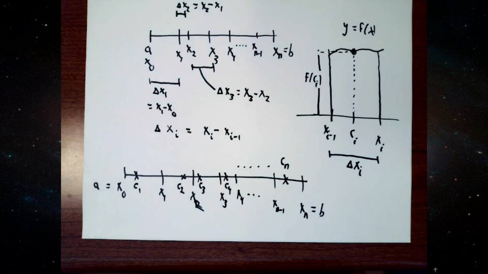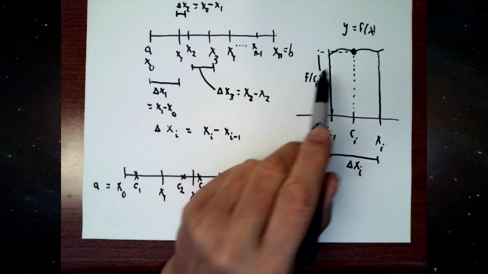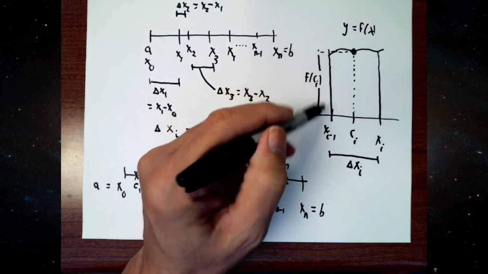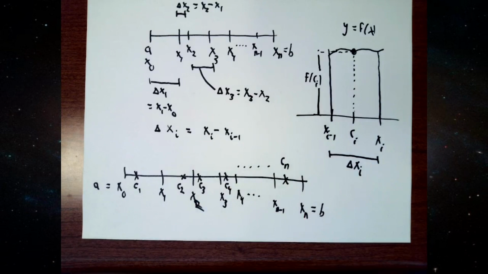In that circumstance, I'll pretend that the vertical extent of this subinterval can be described in a reasonable way by f at ci and that the region can be thought of as roughly a rectangle. It's f of ci in the vertical direction, delta xi in the horizontal direction.